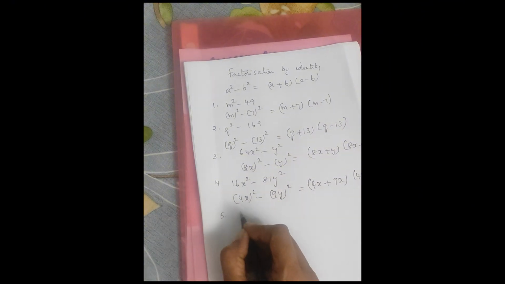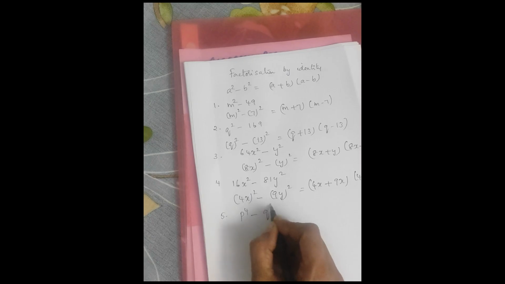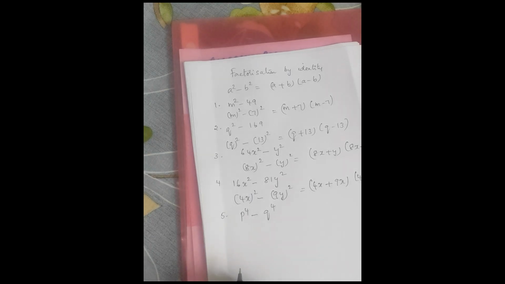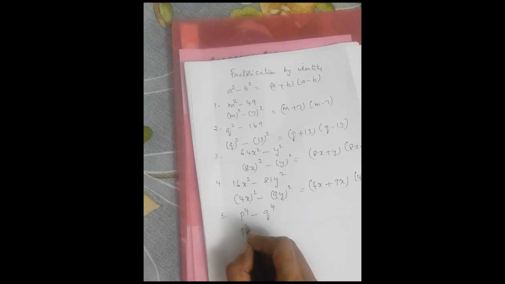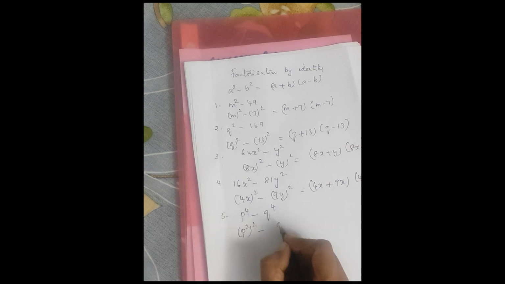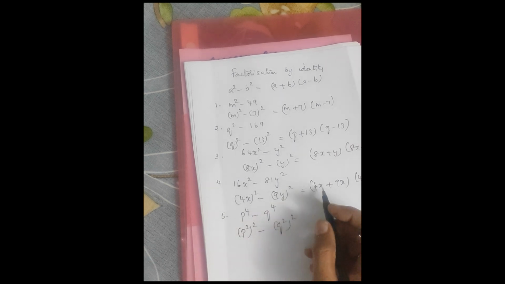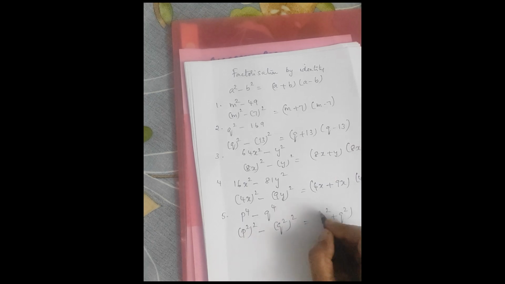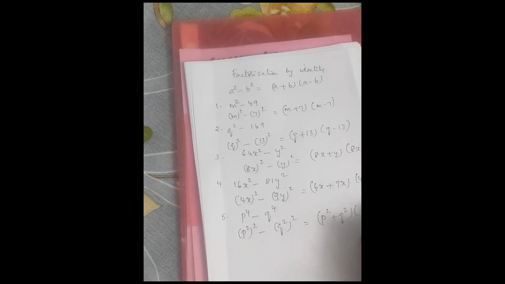If it is p raised to 4 minus q raised to 4, we can write it as p square square minus q square square. The identity is with squares only. So the answer is (p square plus q square)(p square minus q square), because a is p square and b is q square. The second term, p square minus q square, we can factorize again.